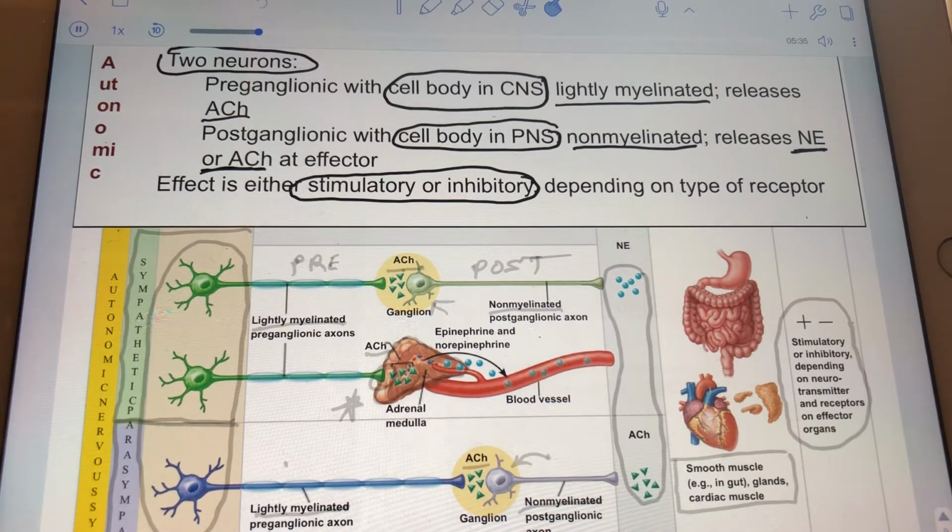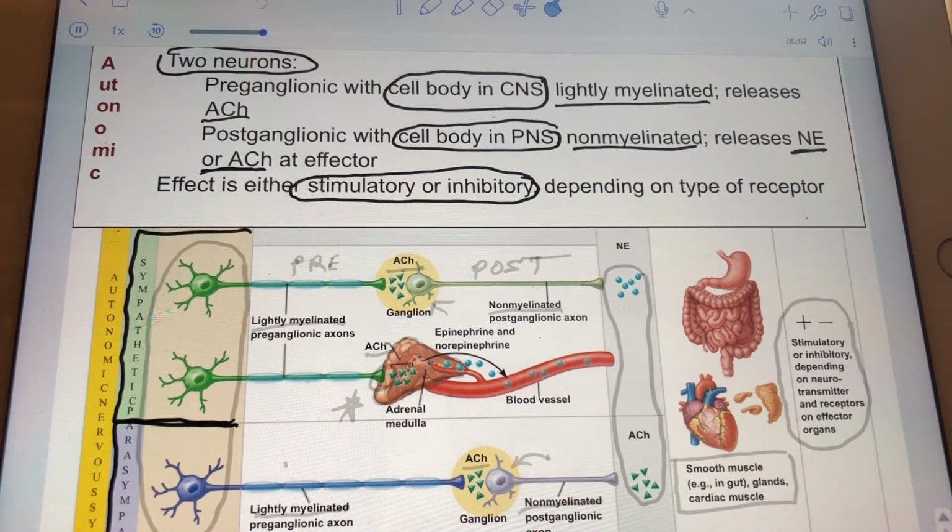It all depends on what type of receptor the effector is bearing, okay? So the rest of this slide is, again, that sort of tabular form, where this block represents sympathetic, this block represents parasympathetic, but we'll highlight the differences between the two later.